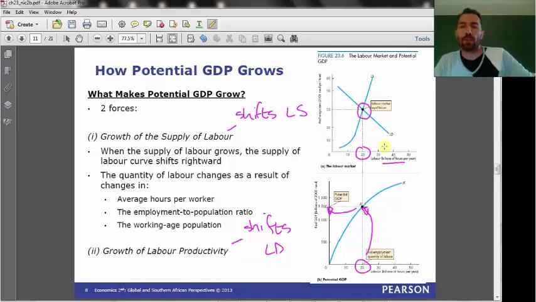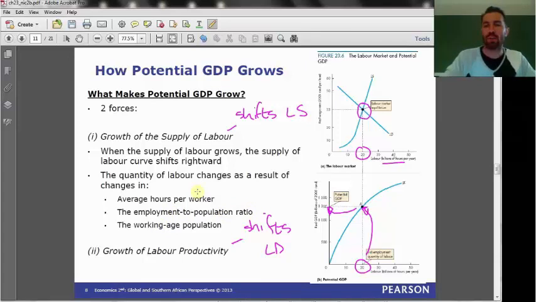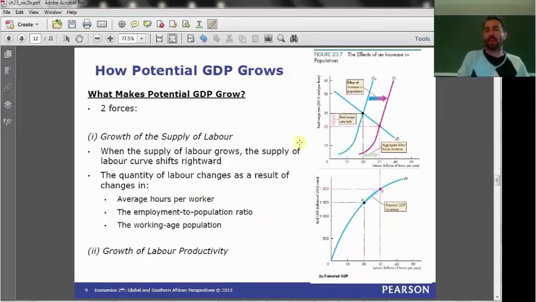So first up, looking at labor supply, the quantity of labor, growth in the supply of labor. When the supply of labor grows, the supply of labor curve shifts to the right. The quantity of labor changes as a result of changes in average hours per worker, the employment to population ratio, and the working age population. So let's just see what that looks like. Basically, growth in the supply of labor shifts our labor supply curve to the right.